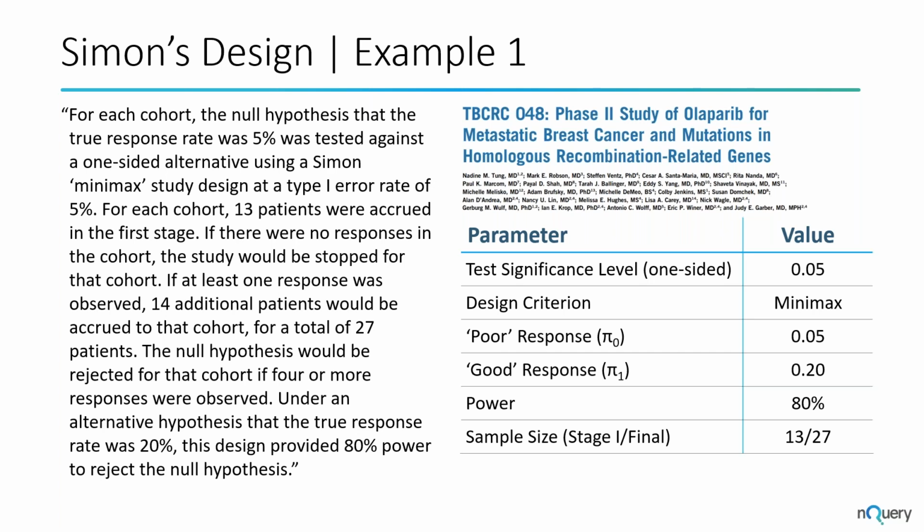So to proceed to stage 2, there needed to be at least one response in the stage 1 cohort, and at the final analysis, the treatment would be recommended for further study if there was at least 5 responses. And just that info is summarized here in the table on the right, and I didn't mention there, sorry, but there's a minimax study design.